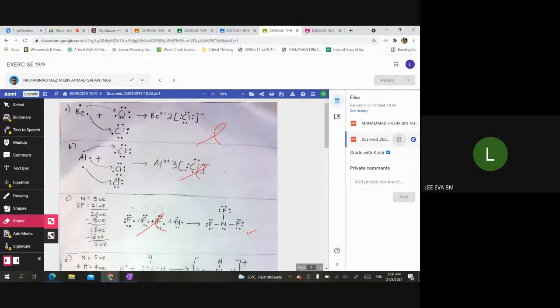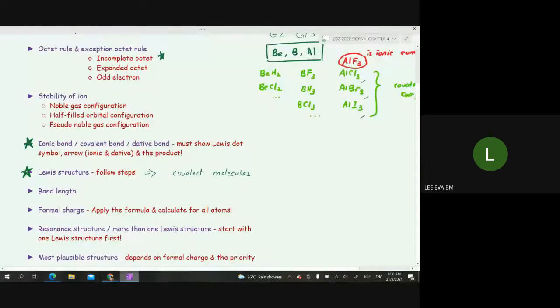Don't confuse our bond formations with the Lewis structures. What you are doing here, Hazim, is bond formation. To recall, you see the 2 stars Madam put over here: ionic bond, covalent bond, dative bond. You must show the Lewis dot symbol, arrow, and so on. This is bond formation. You show how the bond is formed between your Lewis dot symbols and what the product is.